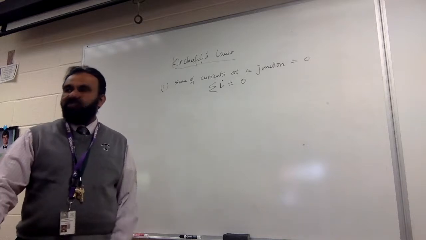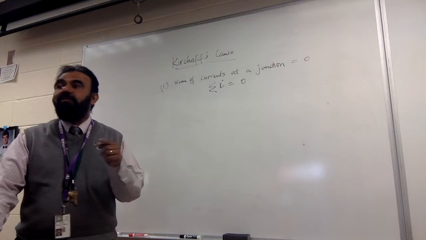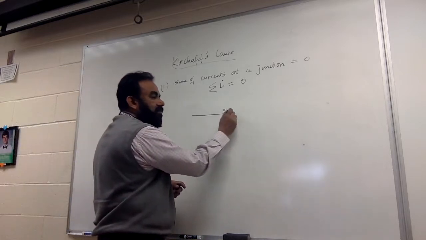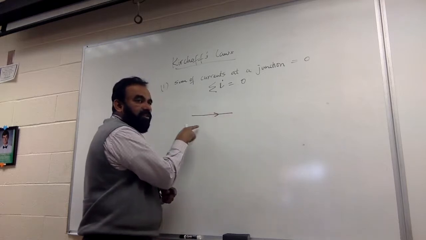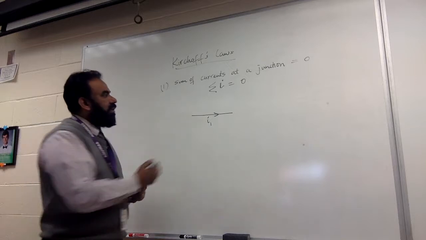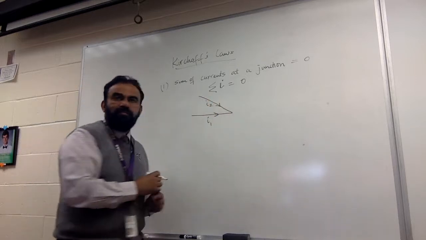Now, what do you mean by a junction? I've used the term before. A connecting point. Right. So, if a wire is going like this, let's say current is going here, and some other current is coming from here, that's I2.